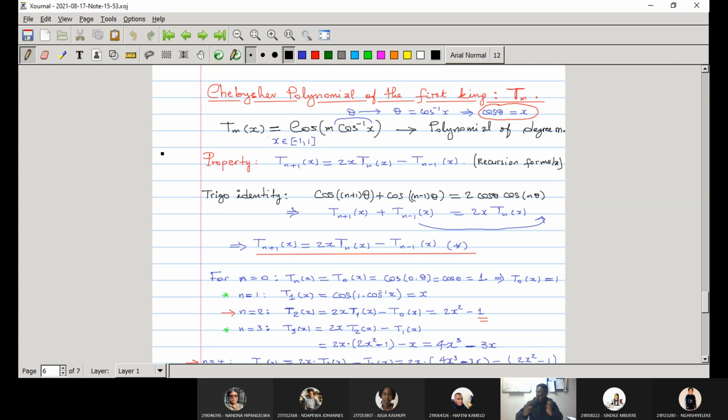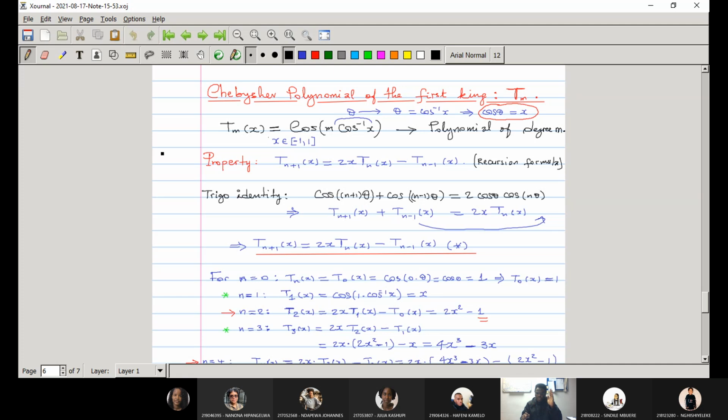It's not defined for the entire x value, but it's restricted to a particular interval. Like in the case of cos inverse, it is restricted to the interval 0 to pi. In that interval, the cosine function is invertible.